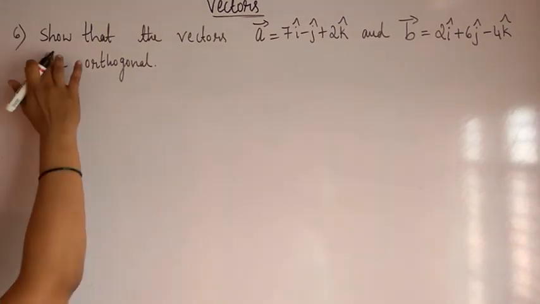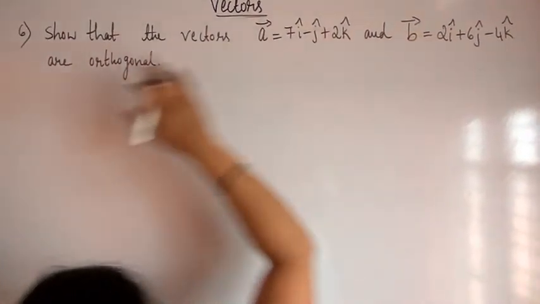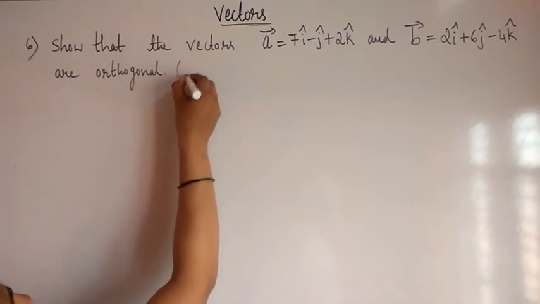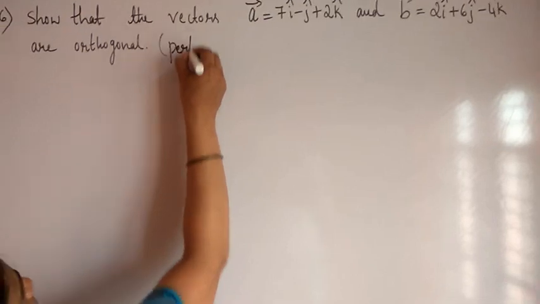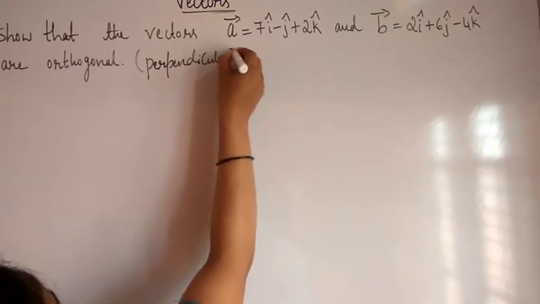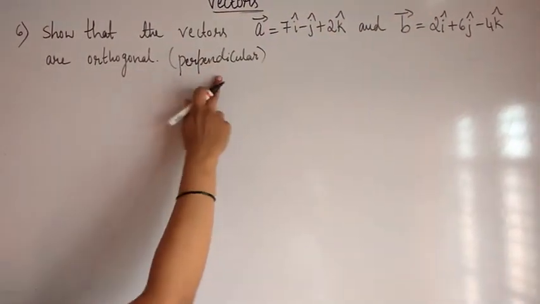So, next is show that the vectors vector A and vector B are orthogonal. Orthogonal means it is nothing but perpendicular. See here, we have to show that these two vectors are perpendicular.